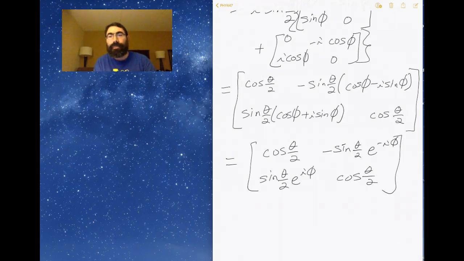I'll leave it up to the students to reason through why we have the exact same functional form using a rotational argument, except that the argument for the sines and cosines is theta over 2 instead of just theta.